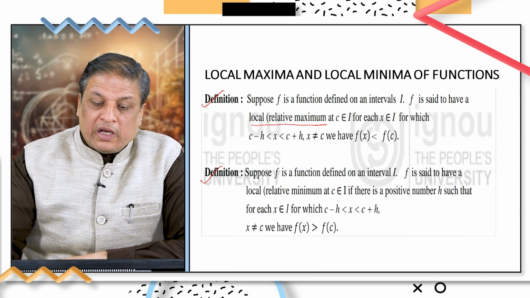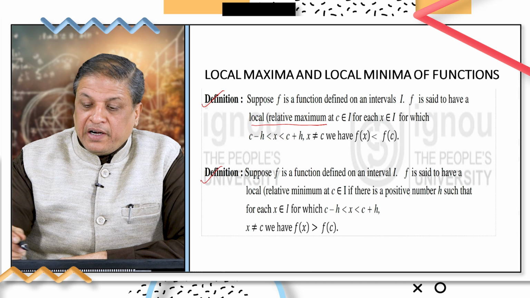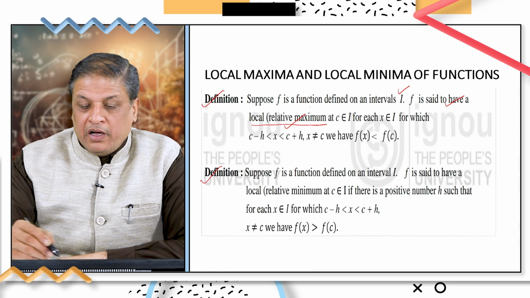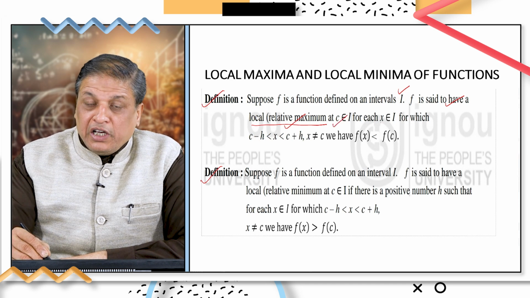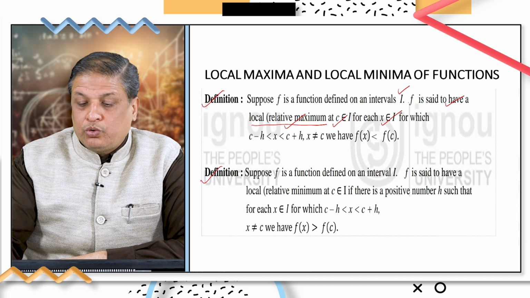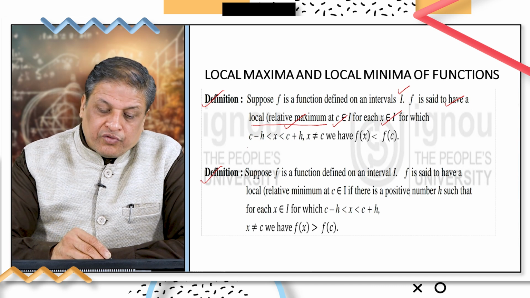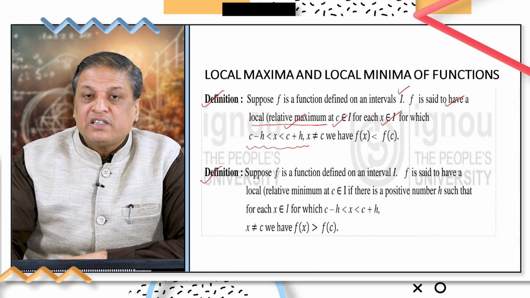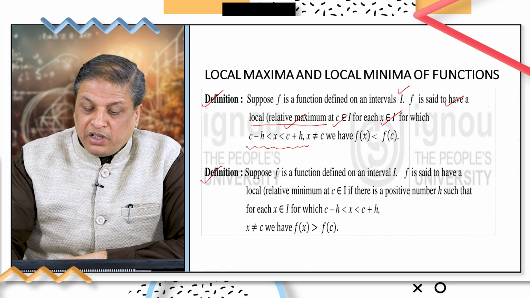The local maxima is defined in a manner that suppose f is a function defined in an interval I. f is said to have a local or relative maxima at point C belonging to the interval I if for each value of x belonging to I, for which C minus h is less than x is less than C plus h and x is not equal to C, we have f(x) less than f(C).